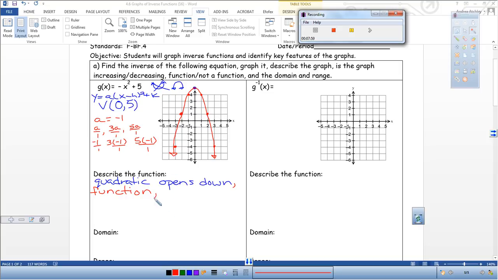Okay. Now the new thing we're going to talk about is the intervals in which it increases and the intervals in which it decreases. Okay? Increasing is, as the x gets bigger, what are my y values doing? As my x goes this way, what are my y values doing? They're going up, right? So you always look at it from the x perspective. As x goes this way, my y values are increasing.